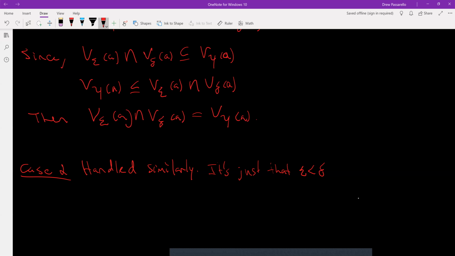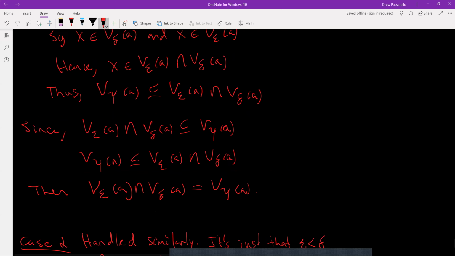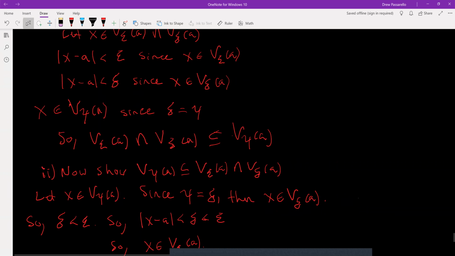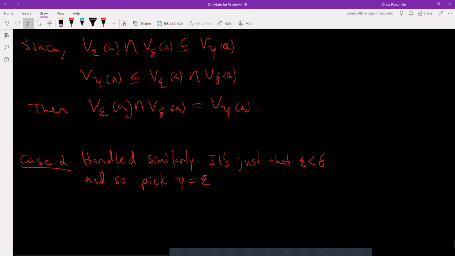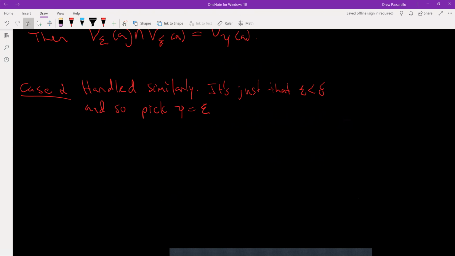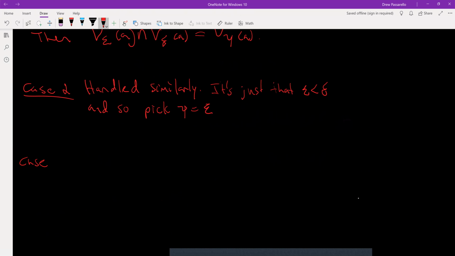So pick gamma to equal epsilon, and it's done exactly how I did it here. It's just swapping the roles of the epsilon and delta neighborhoods. Case 3: now that's when epsilon is equal to delta. So pick gamma to be equal to epsilon, which is equal to delta.